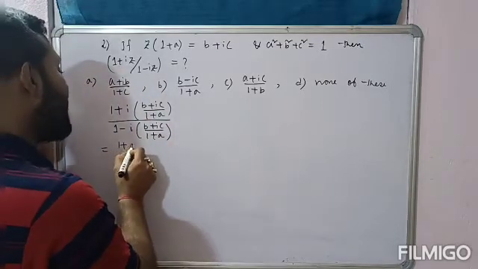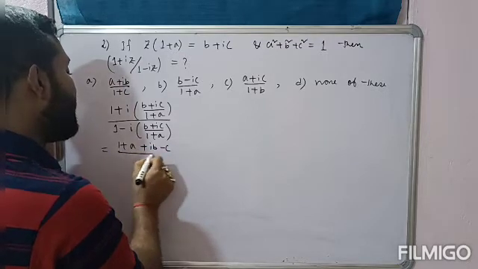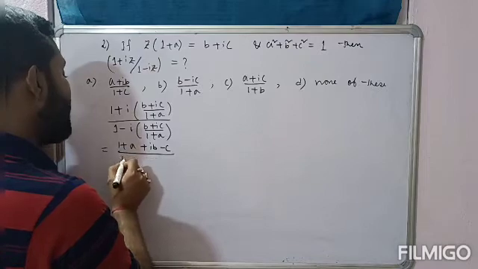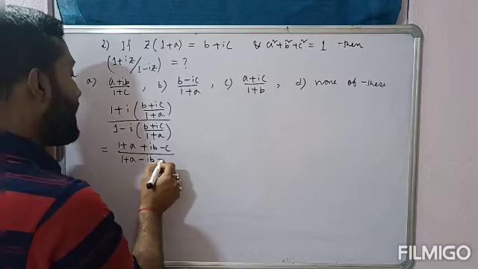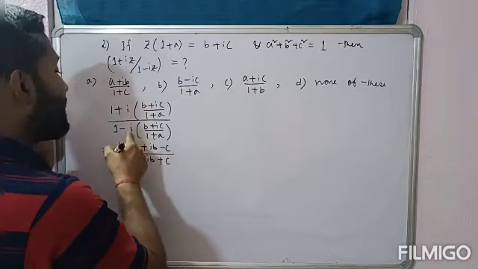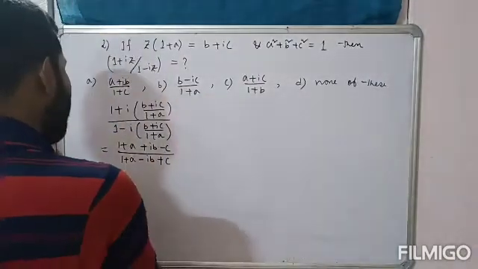So 1 plus a plus i into b minus c, divided by 1 plus a minus ib minus c. It will become plus c because the value of i square is minus 1, so minus minus will be plus only.